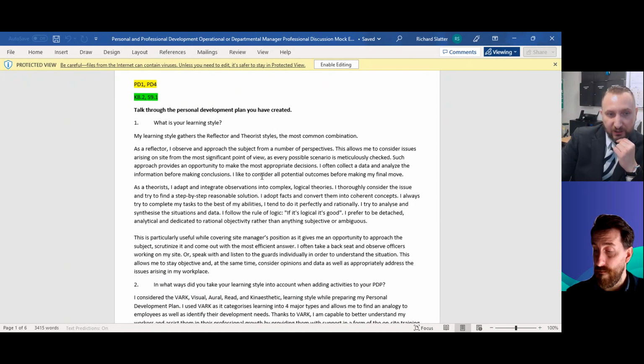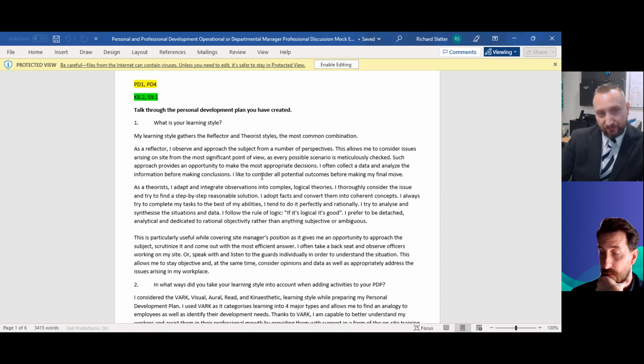As a theorist, I adapt and integrate observation into complex logical theories. I thoroughly consider the issue and try to find a step-by-step reasonable solution. I adapt facts and convert them into coherent concepts. I always try to complete my tasks to the best of my abilities.